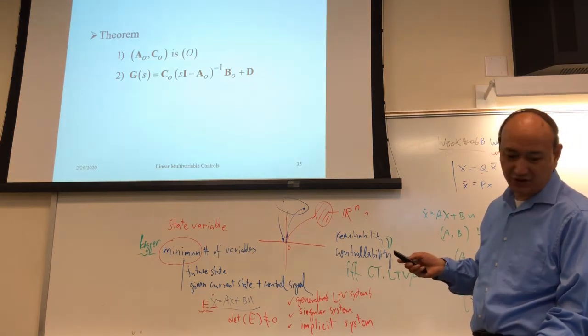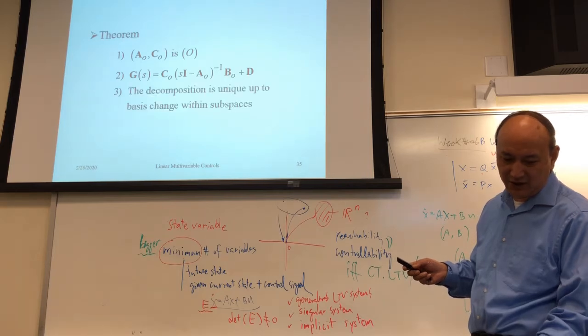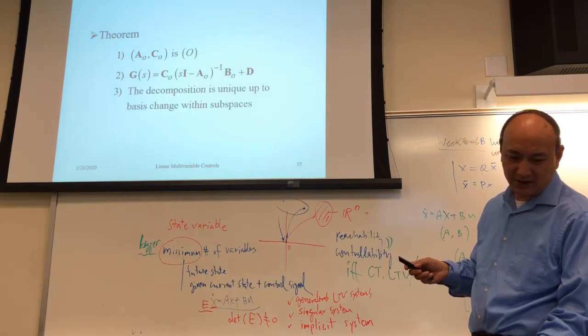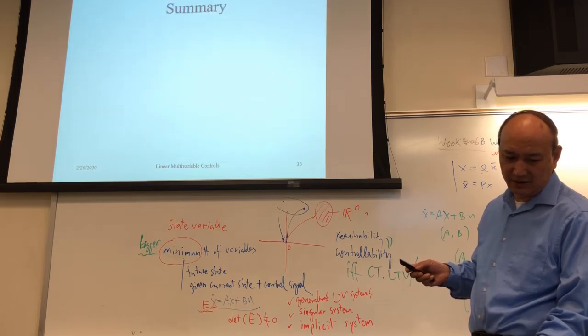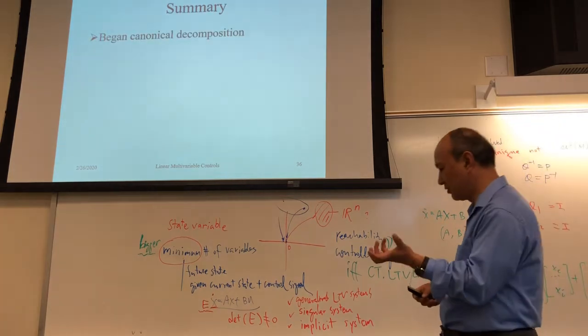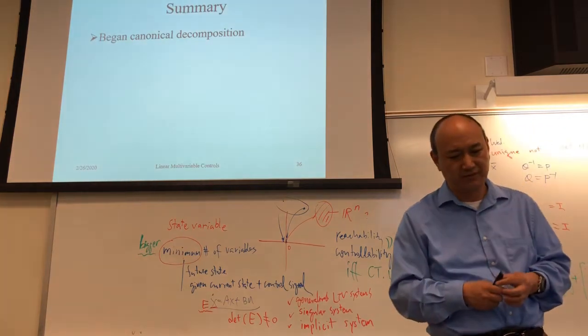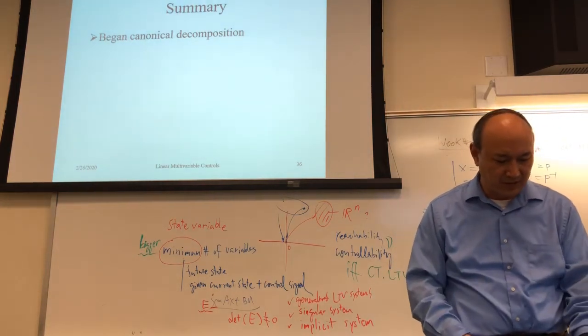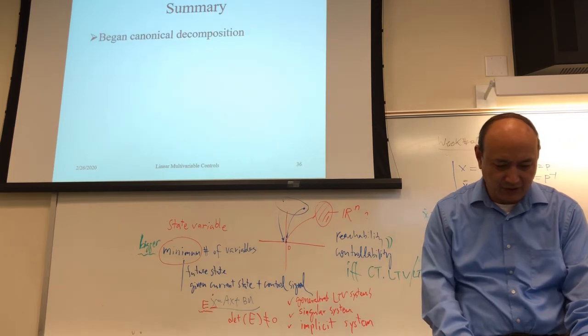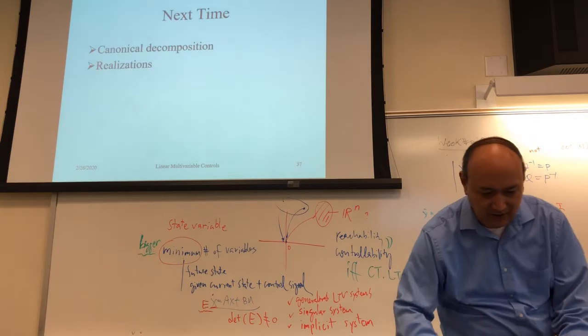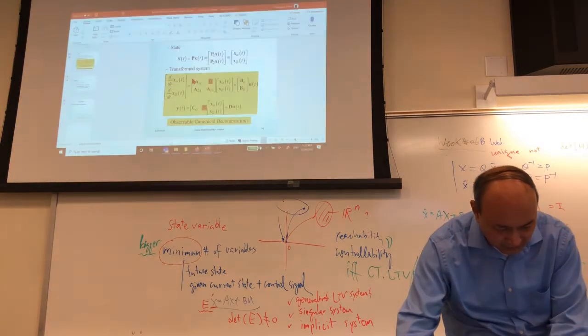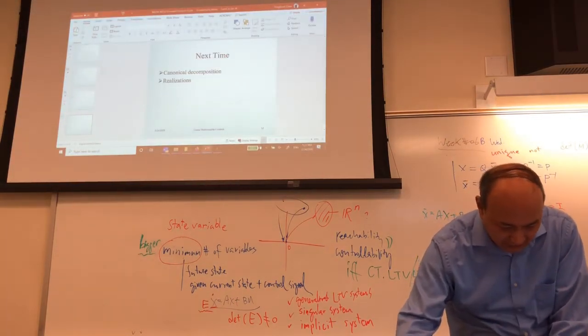Then this G of S is unique up to some basis change in subspace. So that is a canonical decomposition of controllable, uncontrollable, observable, unobservable. I'm hoping that we are going to see this canonical decomposition in the full picture of these four.